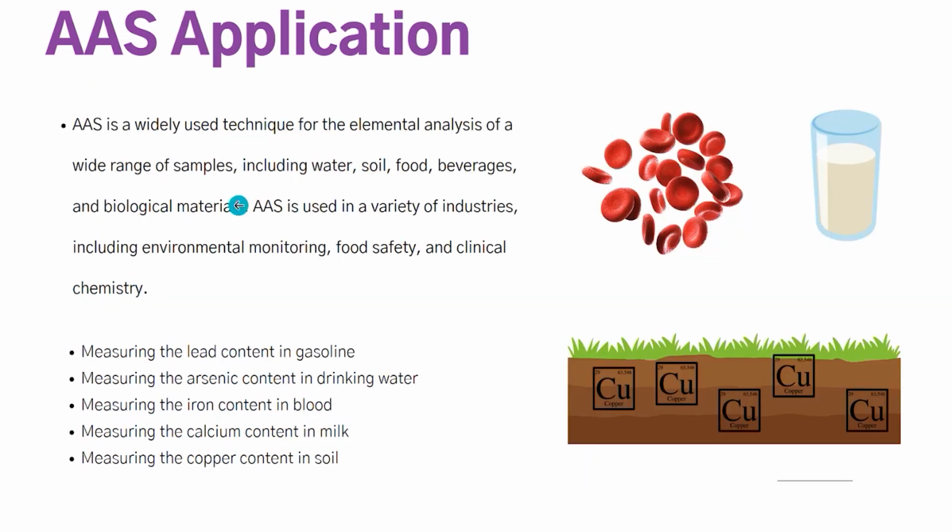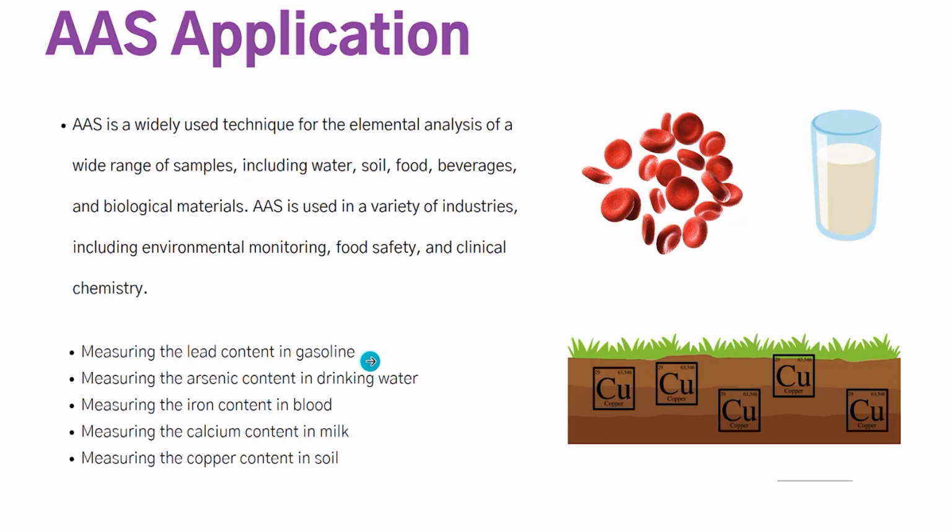Now, AAS is a technique widely used in a variety of industries. So samples from these industries include water, soil, food, beverages, and biological materials. The industries pertaining to the usage of this include environmental monitoring, the food safety industry, as well as the clinical chemistry industry.